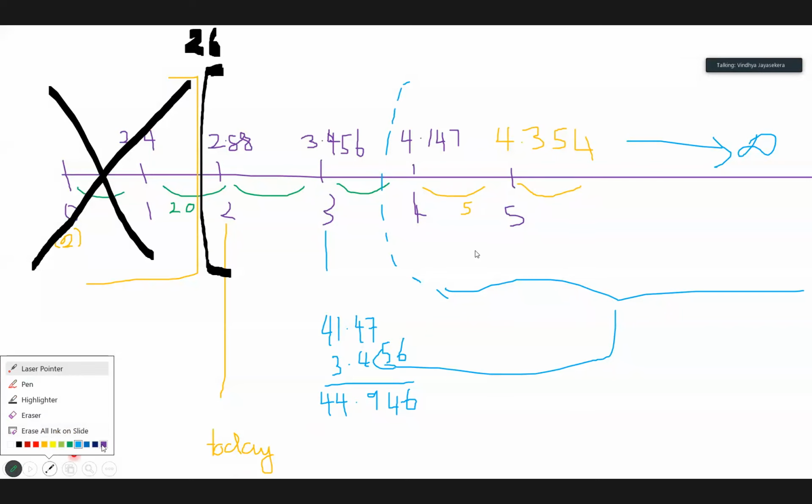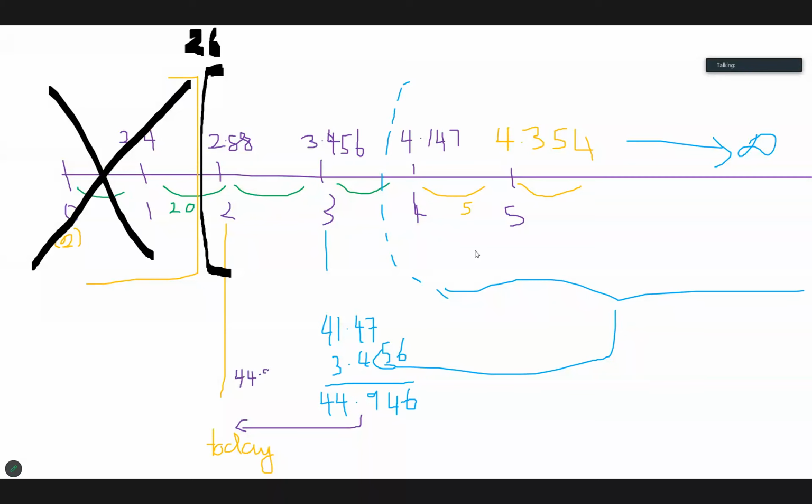So what should I do? I should discount this 44.946 to today, meaning discounted at, what is the discount rate? 15%. For how many years? 1 year.